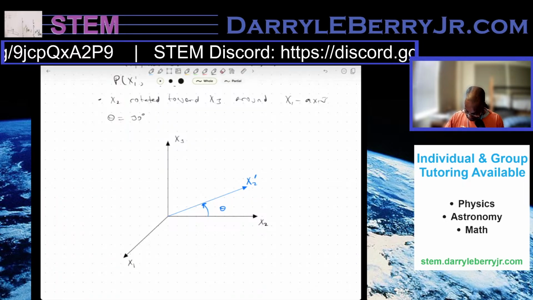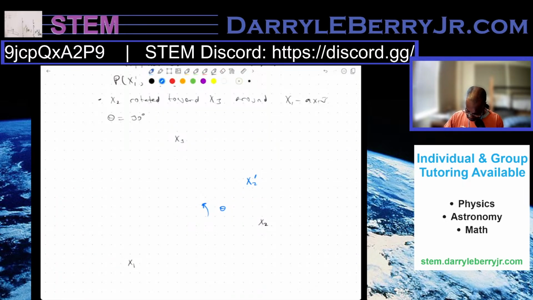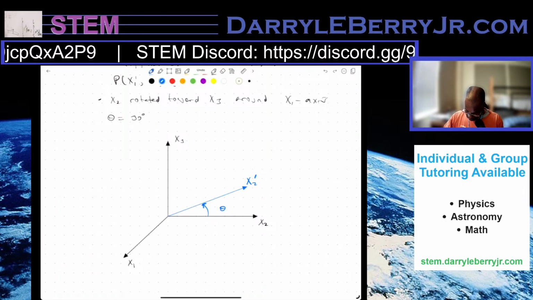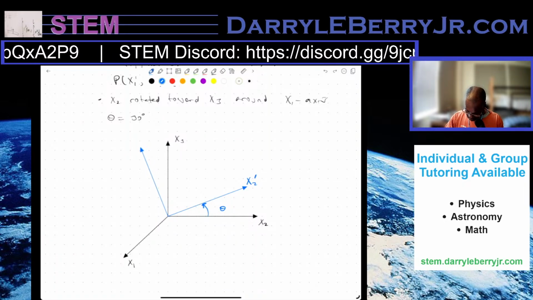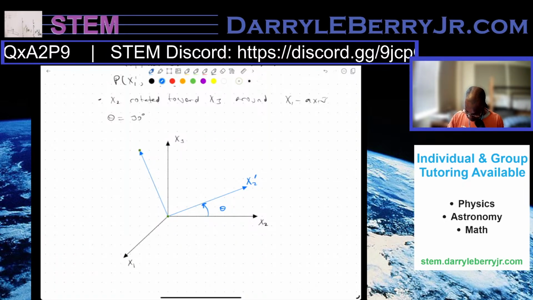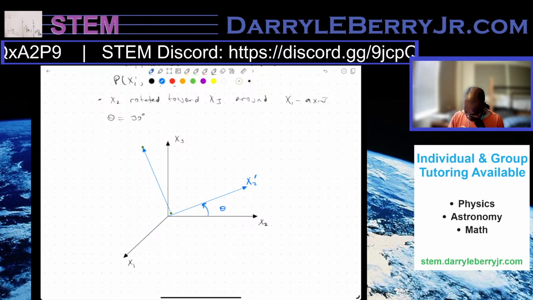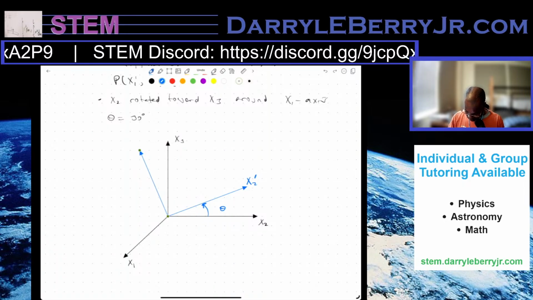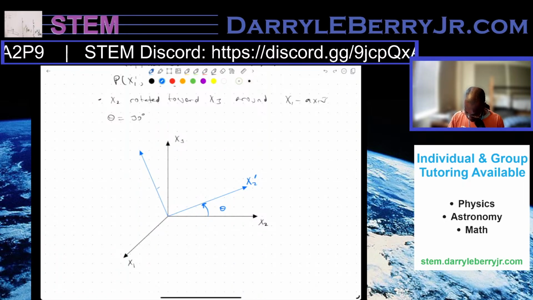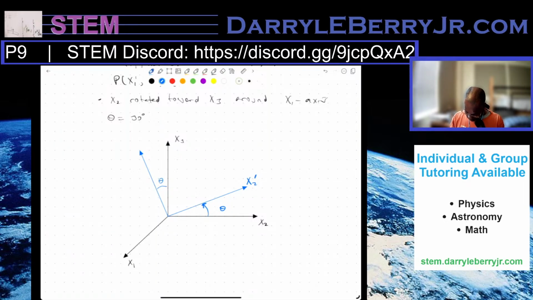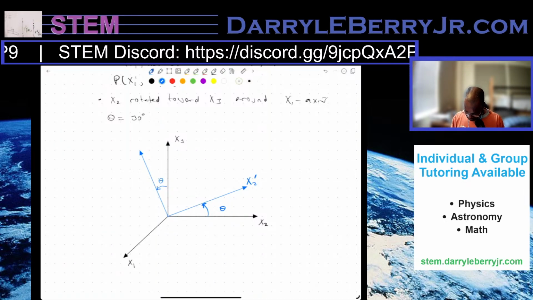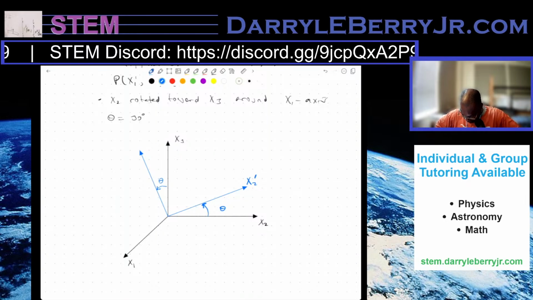So that would have to mean that this is also 30 degrees. Going that way, and x1 is the same.